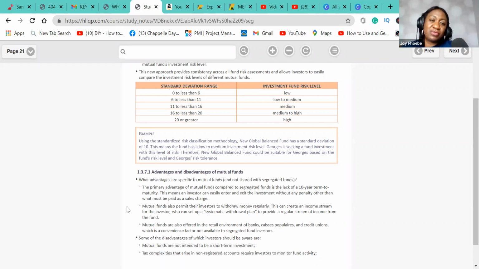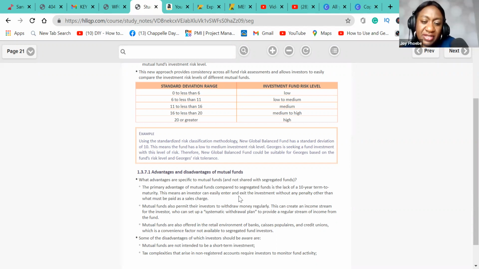The banks could have their own mutual funds, and their mutual funds don't have as much diversity as segregated funds. There are two types of mutual funds, but we are not focusing on the closed one. The open one is the one where, with mutual funds, you can put your money in and take your money out at any time.